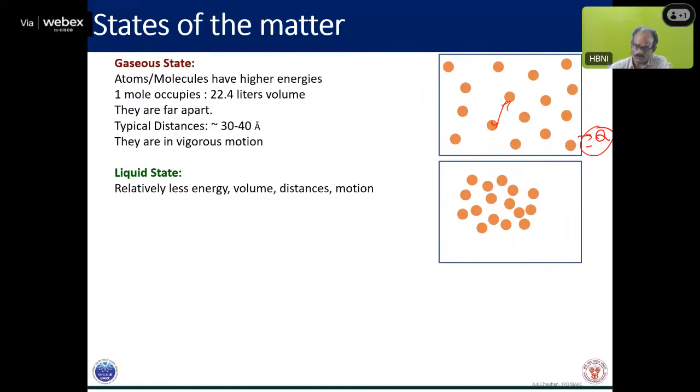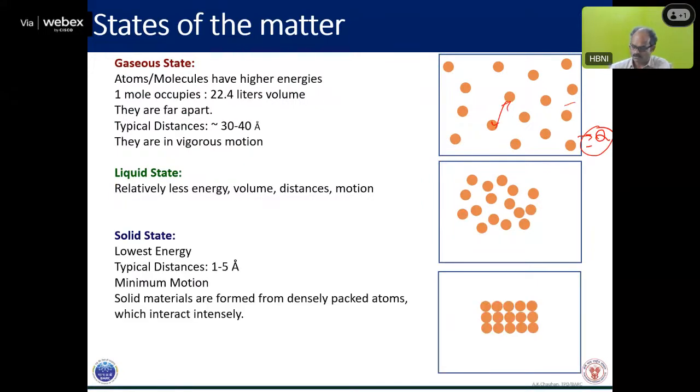Distance is also less as compared to gas. And the motion is also not like in the gaseous state where they were going everywhere. Now they are confined to the volume in which they have been liquefied. I'm talking about the same material or same atoms which were in gaseous state and now they have become liquid. They are not two different kinds of atoms. It should be kept in mind.